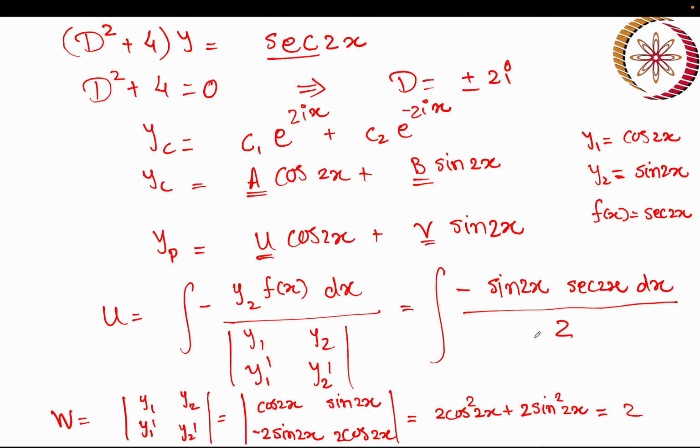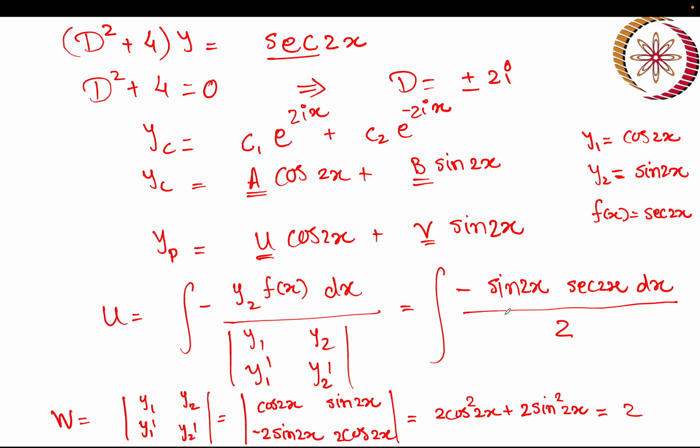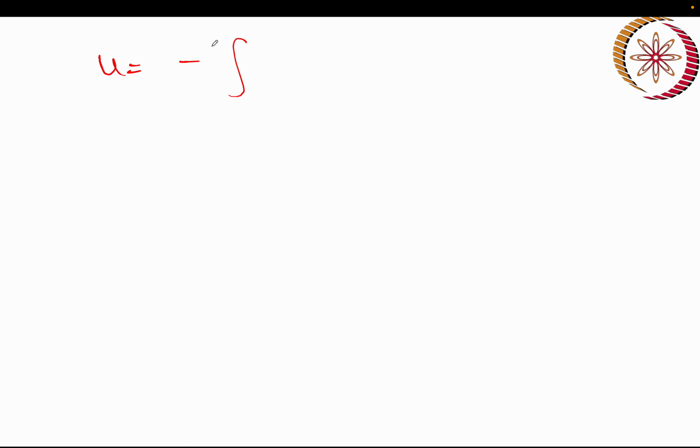If we put it here, u is equal to minus the integral of, so we'll take the half out, and then sin 2x by cos 2x. So sec of 2x is 1 upon cos 2x, so we get half tan of 2x dx.